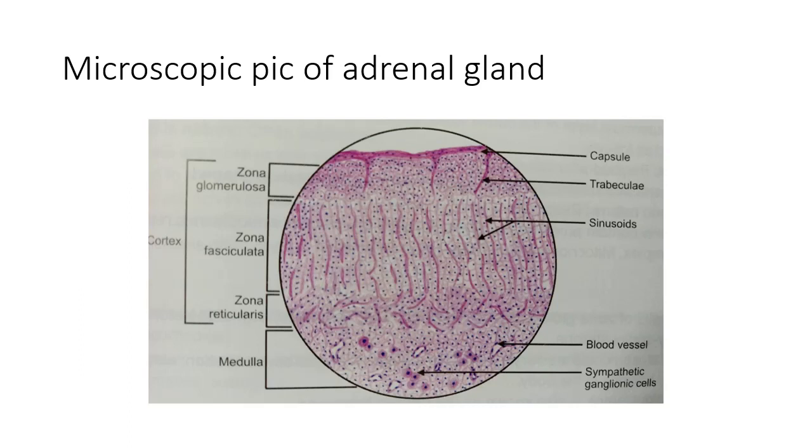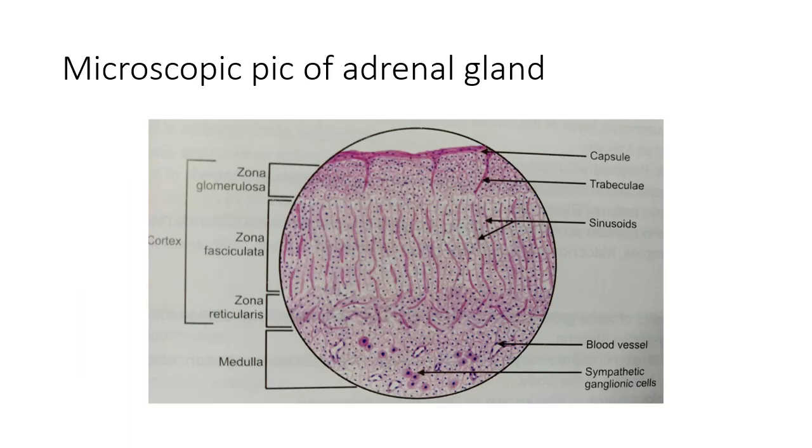Then coming over to the zona reticularis, again there are sinusoidal capillaries in between the small polyhedral or rounded cells which are arranged in the form of anastomosing cords, and they have some pigmented cells in it, which are actually the lipofuscin pigments.